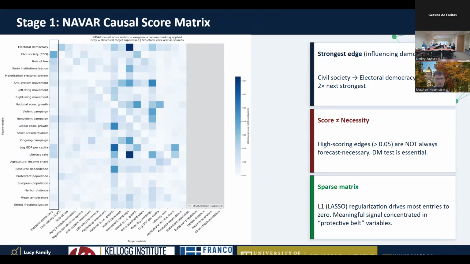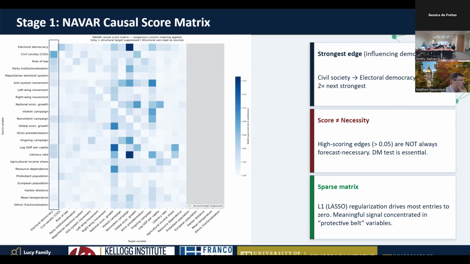What we have here is a matrix that shows the lasso regularized estimates of the impact of, let me see. So the target variables are in the columns and the source variables are in the rows.